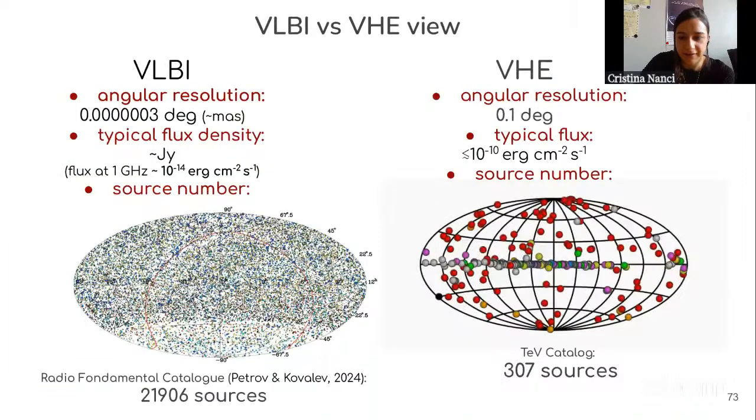Okay, this is the... Yeah. Here you can see the unknown sources. Sorry, yes, the pie chart is in another slide, but here I'm showing you the unknown sources are the gray ones. I'm not sure what kind of sources these are.